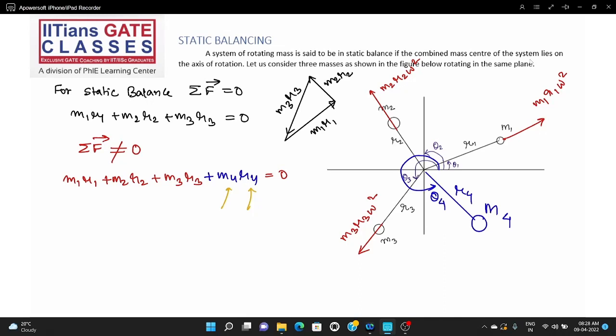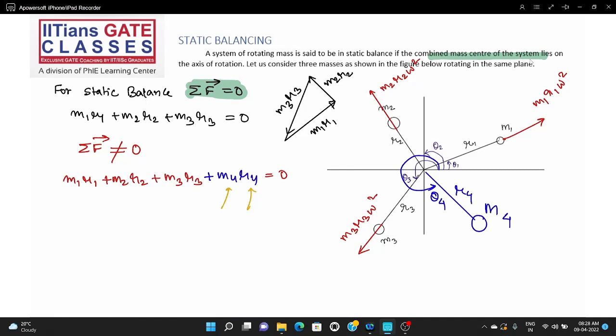So if you get questions, first of all, what is the meaning of static balancing? Static balancing means summation of forces equal to 0. When is static balancing required? If the combined mass center does not lie on the axis of rotation.